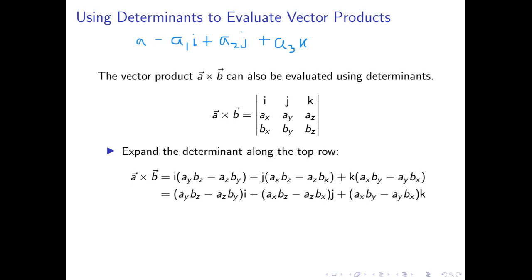And then you have your B to be B1 i plus B2 j plus B3 k. All right. So this is what we want to represent now. You i, j, k. These are the unit vector space. So we have them written first.